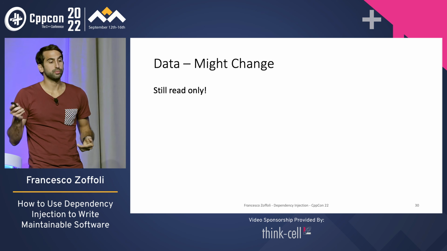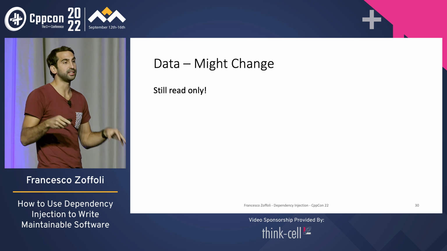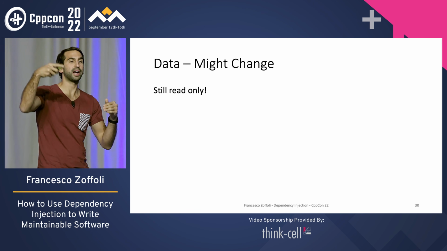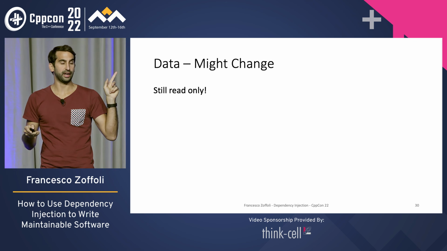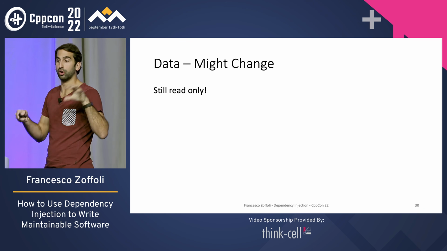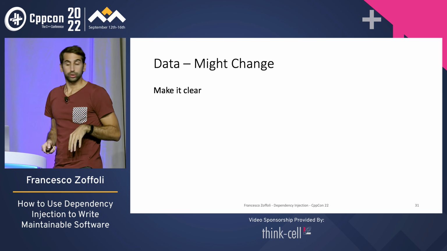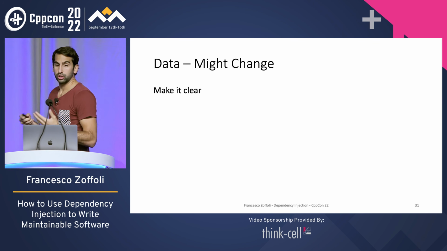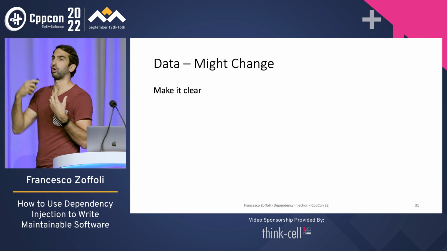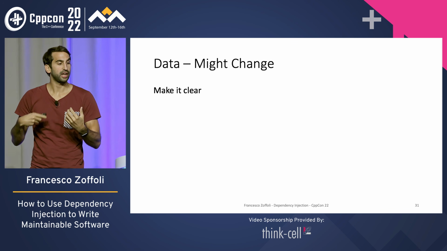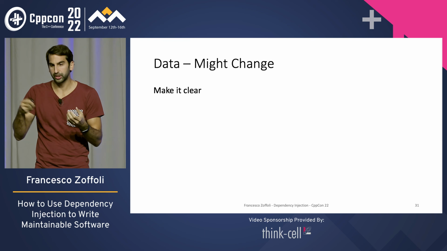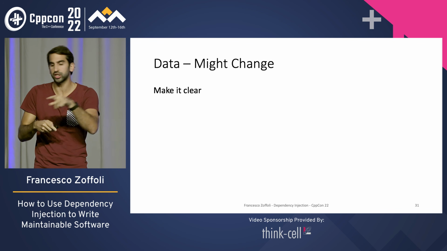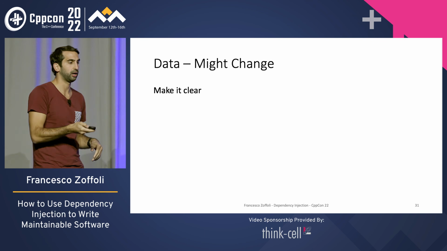Looking at data which might change, the data is still read-only. Someone else might change it, but we cannot because we want to still enforce the independence of components. So if your data can change, normally it's the contract that you're offering saying, I support data that change. It makes sense to offer it to change it from multiple threads. And the reason is what I said before, that if it's just a weird loop if you're doing in your own thread.